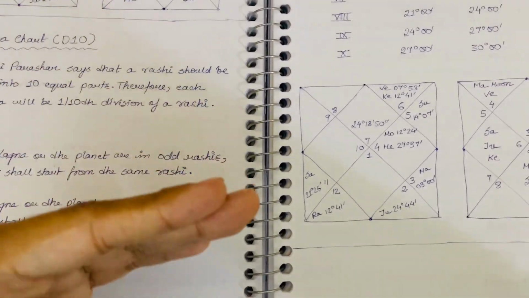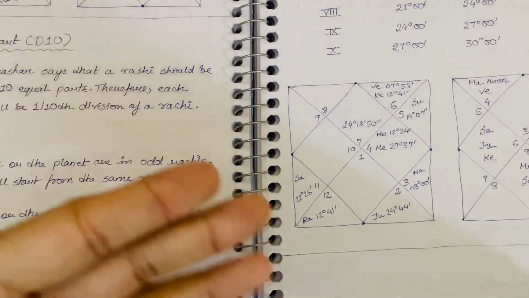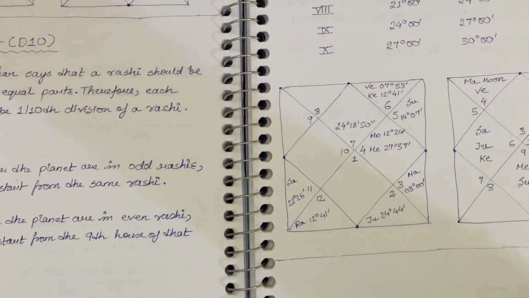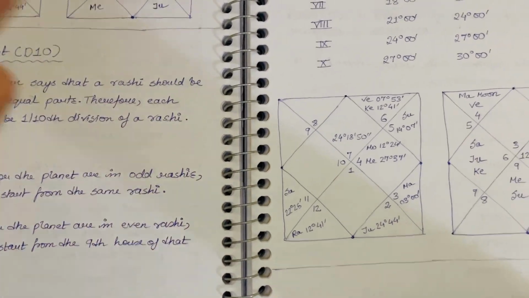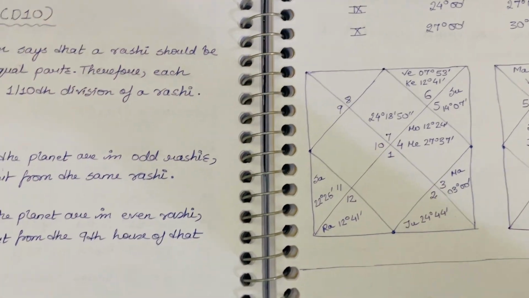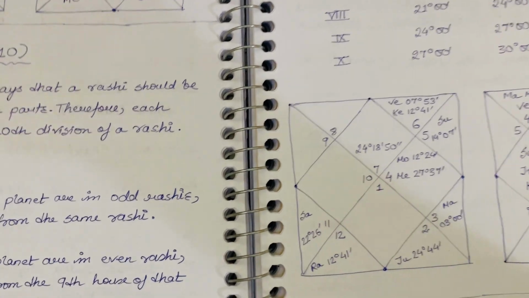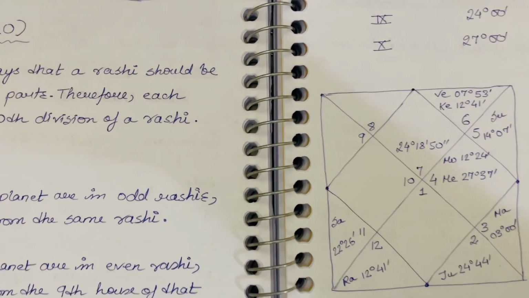Then only the charts, then only the values by the help of which you will do the analysis will be correct, because the values which you have calculated, the charts which you have manually created, those are absolutely correct.